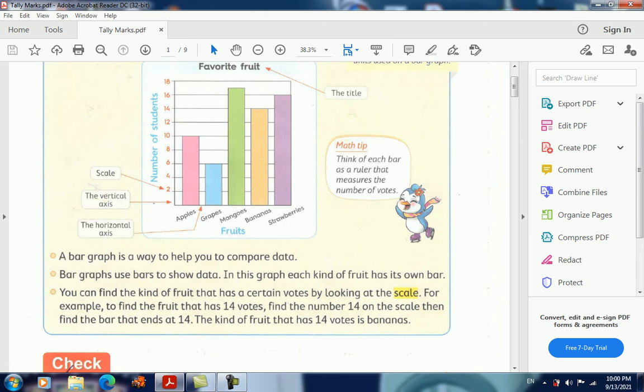You can find the kind of fruit that has a certain number of votes by looking at the scale. For example, to find the fruit that has 14 votes, find the number 14 on the scale, then find the bar that ends at 14. The kind of fruit that has 14 votes in this case is bananas.